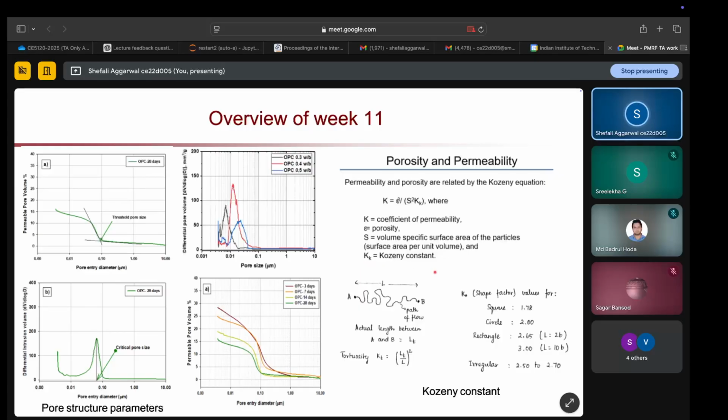Further, you might have studied how we calculate the Kozeny constant. To calculate it, you need to know the tortuosity, and for different shapes of pores we have different shape factors. It is already calculated using this equation.